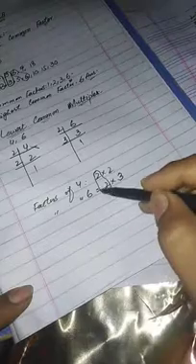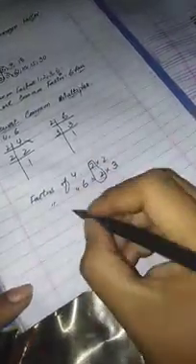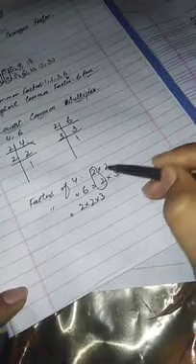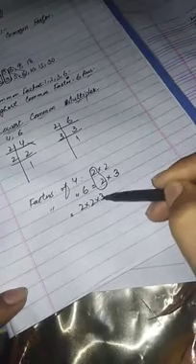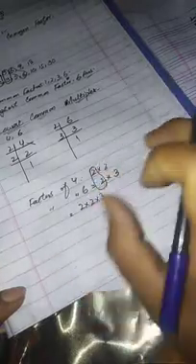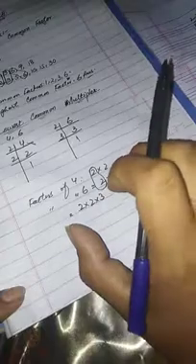Common first, after that we will write 2 into 2 into 3. We multiply the common factors only one time, and the other factors we also multiply here. In the highest common factor, we only gathered the common ones and did not multiply the others which were not common.